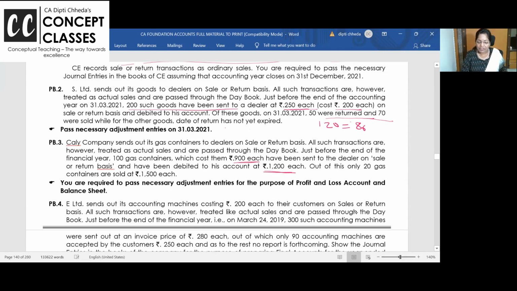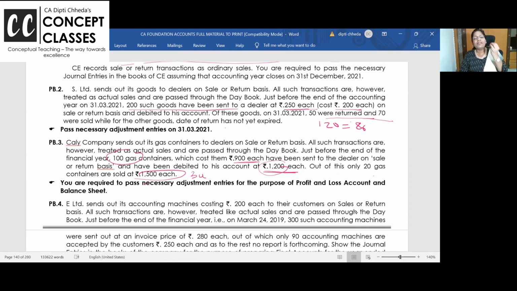Cost is 900. You have already sent 100 at 1200. Out of this, only 20 are sold, that too at 1500. So 300 additional sales you have to record. And the remaining 80, reverse it and take it at cost. Simple. What are the adjustment entries at the year ending?